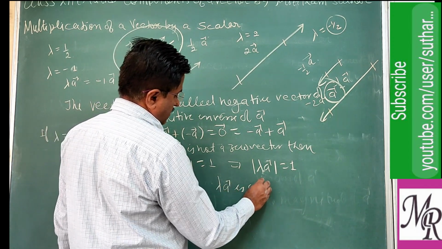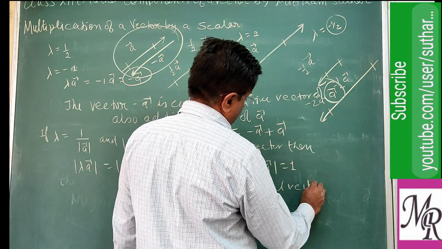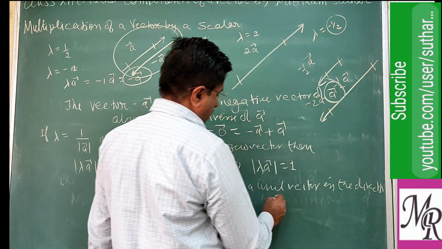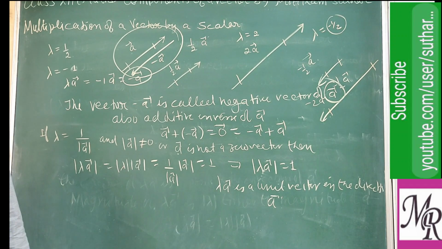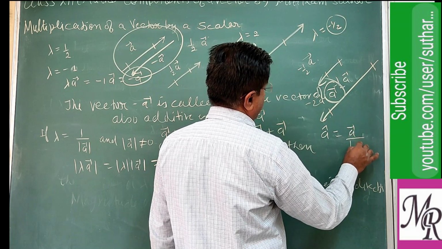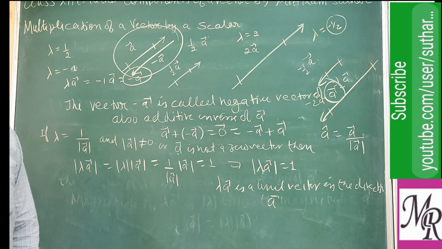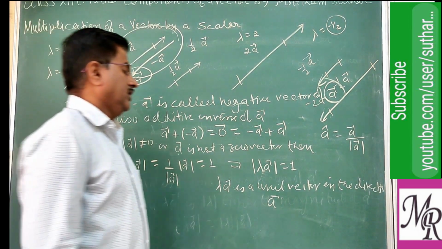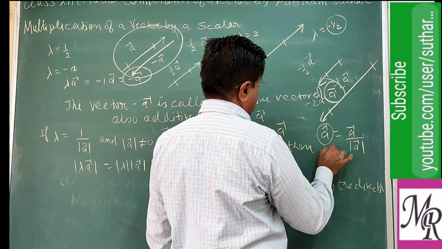Lambda A is a unit vector in the direction of vector A. So we write it as: if A is a vector, then we can write A cap equal to vector A divided by mod of A. If a vector is divided by its magnitude, we get a unit vector. A cap is the symbol of unit vector.